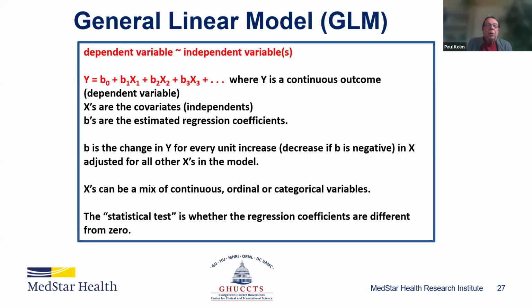And if we have a multivariable model where we have a number of x's, then the beta coefficient is adjusted for all other variables in the model. And the independent variables can be a mix of continuous, ordinal, or categorical variables. And then the statistical test that we do is whether the regression coefficients are different from 0.